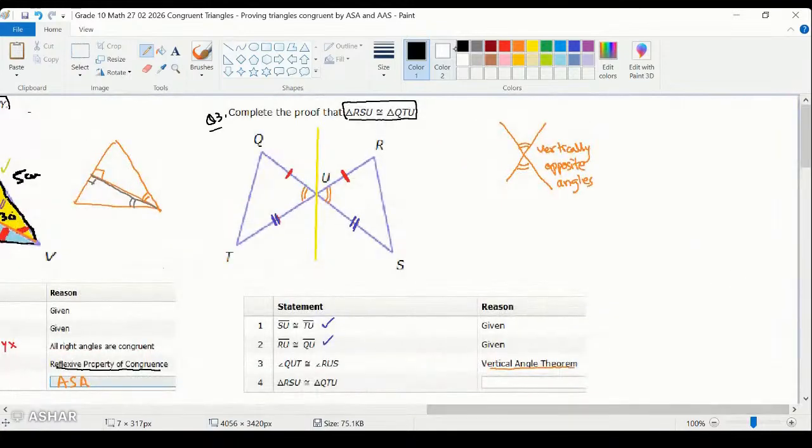Agreed? And we can say we have side angle side, and this would be the reflexive property of congruency, since this is an inverted mirror image of each other. Do we agree till here? Any questions up till now?